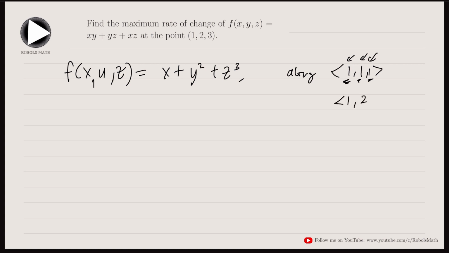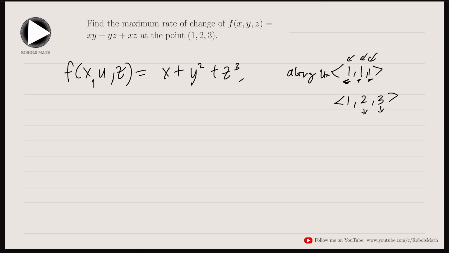If it's instead (1, 2, 3), we say that y is in the direction that is twice x, and z is in the direction that is thrice that of x. Did you get the point that I'm trying to make? But anyway, that gives you the rate of change of the function along the vector.